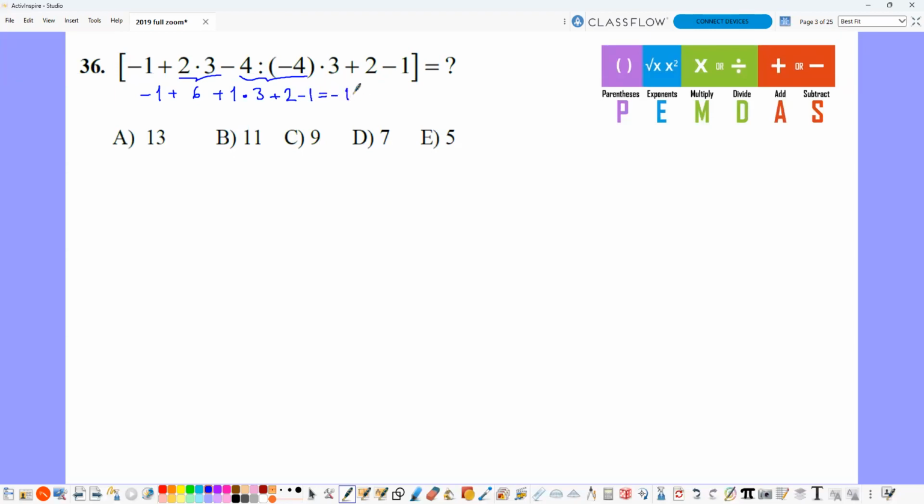Then -1 plus 6 plus 3 plus 2 minus 1, which means the answer is going to be 11 here. Pardon, yes, -1 and -1, both of them -1. So -1 plus 6 is 5, plus 3 is 8, plus 2 is 10, minus 1 is 9. I'm sorry. So the result is 9.